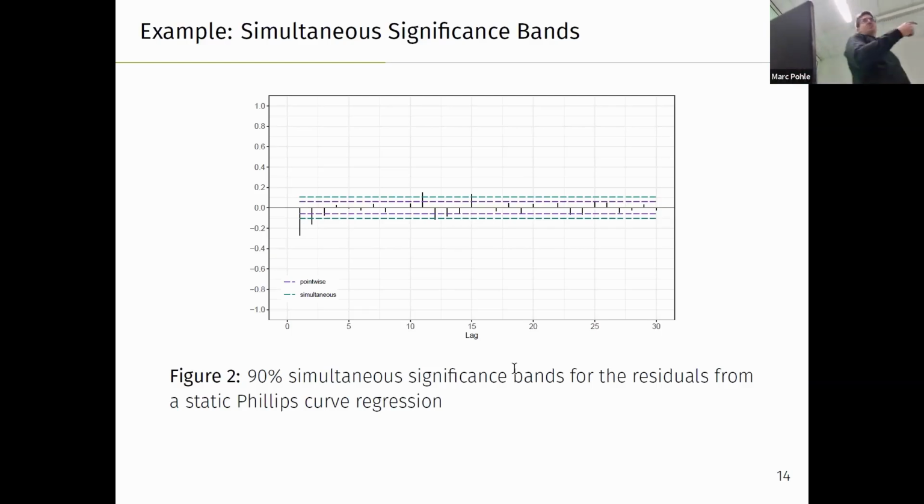In this case, this is from a Phillips curve regression, it would mean that the static regression is not enough, that I would have to add lags of difference inflation or unemployment, and we will do that later. I want to explain all the temporal dependence in the residuals, ideally, and then I would add more regressors. This would be the conclusion.